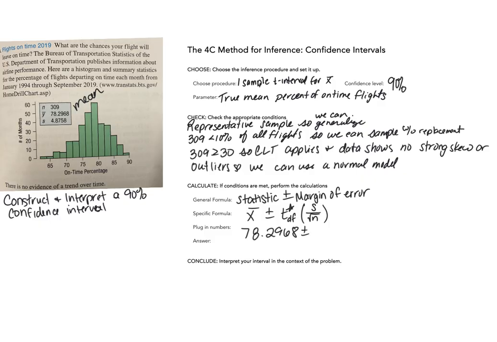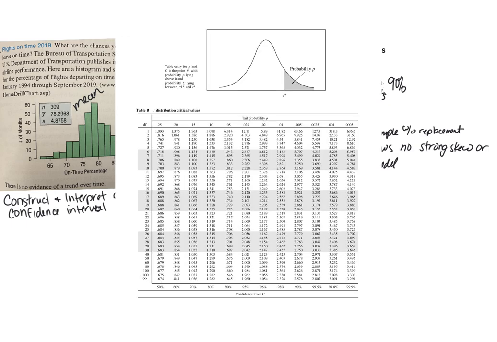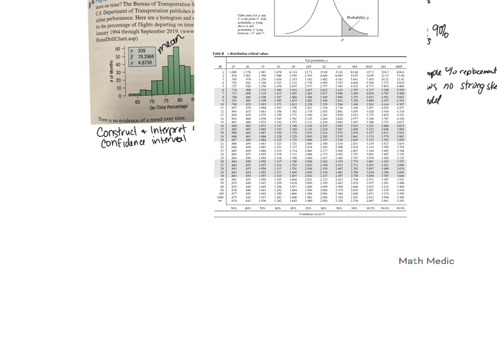78.2968 plus or minus t star for 309 degrees of freedom. I'm going to pull in a table. All right, we're looking at our table here. I have 309 for my n, so my degrees of freedom for my table is n minus 1. 309 minus 1 is 308.